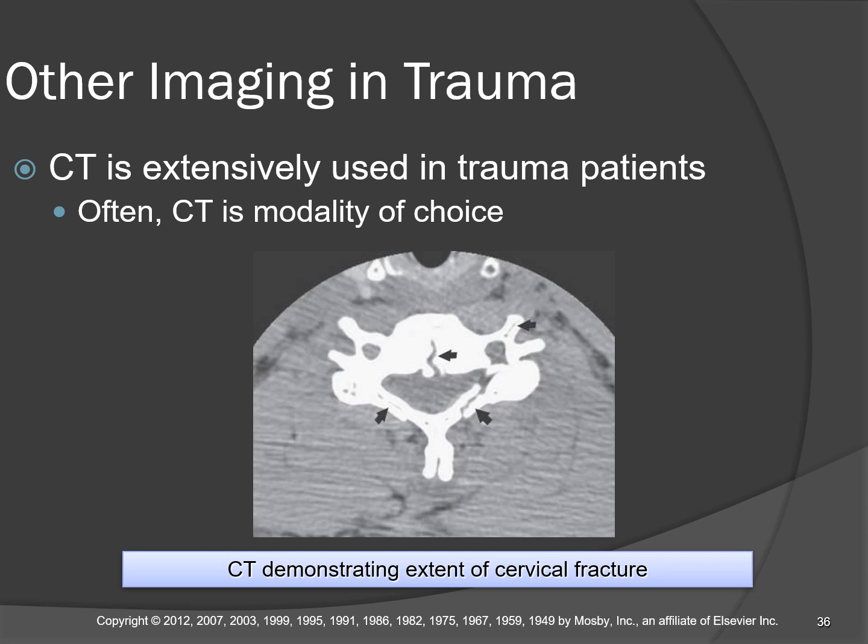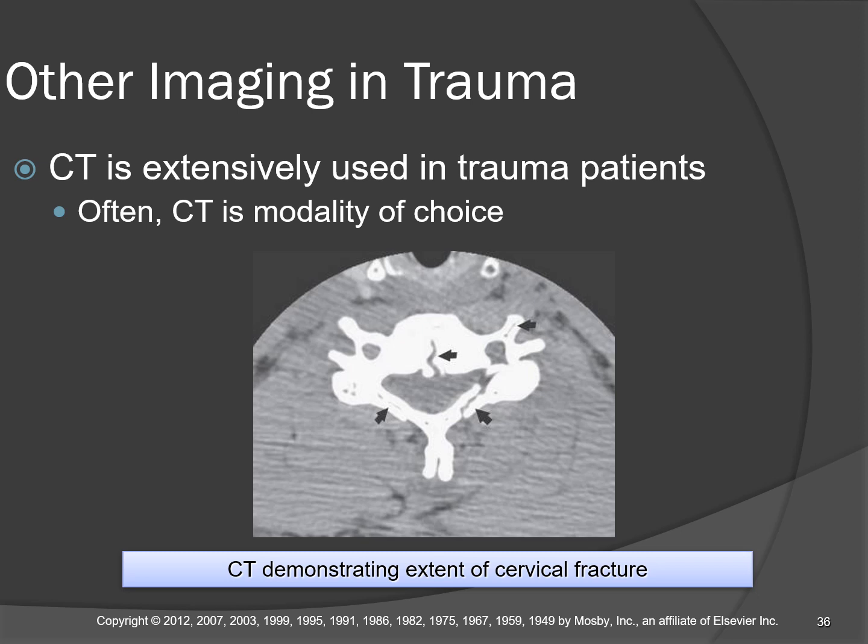Other imaging in trauma, CT is extensively used for trauma patients. Here we see a fractured cervical spine. The lamina is fractured as well as the vertebral body. Okay, looks like part of the transverse process too.